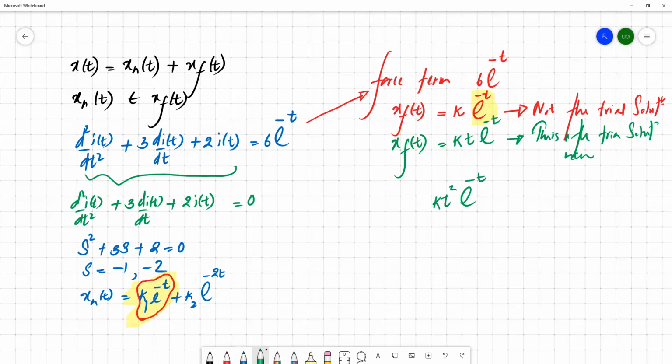Otherwise, you have to increase the power, so you move to kt cubed e to the power minus t. Likewise, you can linearly increase the power of this forced response term and get the exact trial solution for the forced response by looking at the natural response as well.